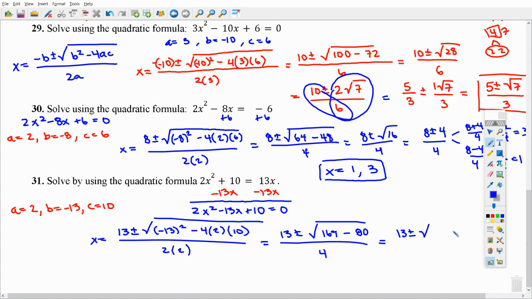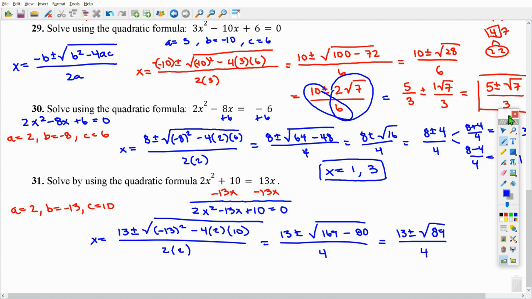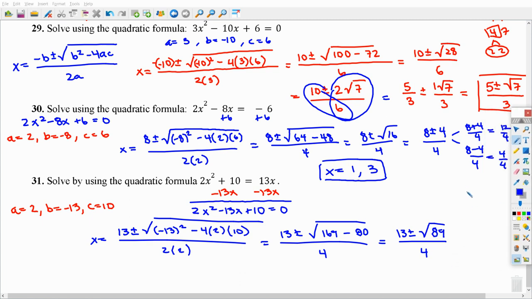Yep. Okay, you get 89. And then it's over 4. And again, double check if you can square root 89. So 89, I don't know any factors for 89, but you could test them out. But in the end, you won't be able to find any.